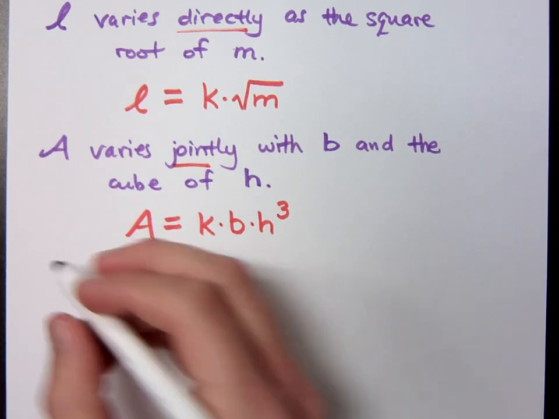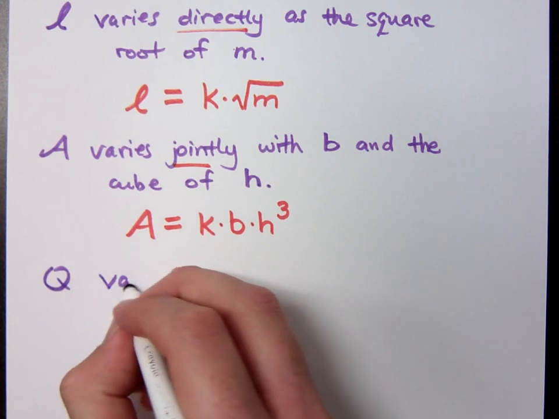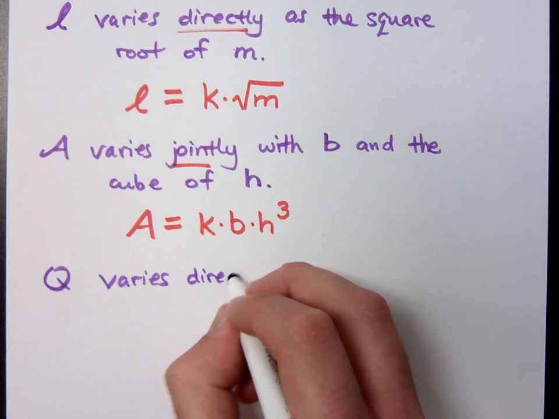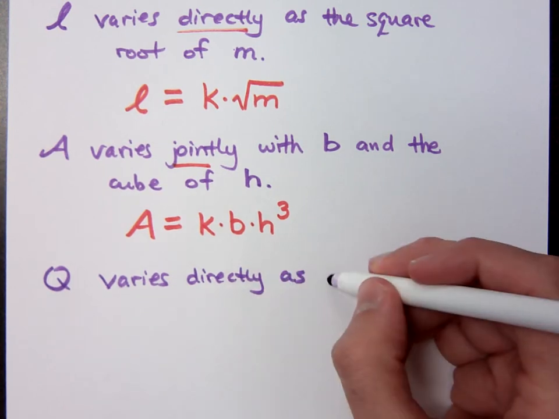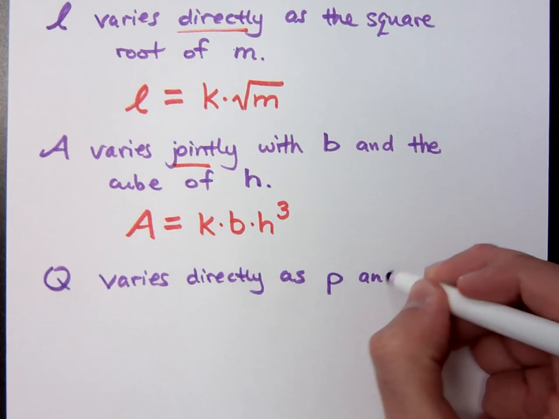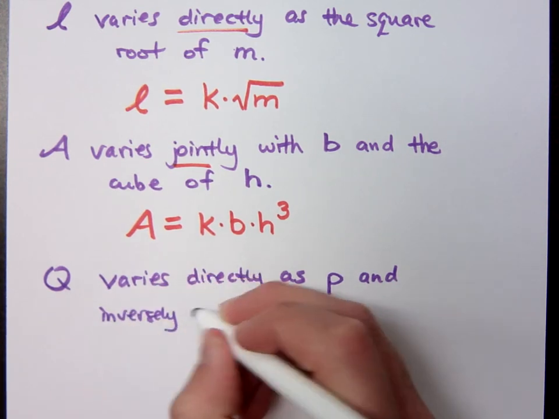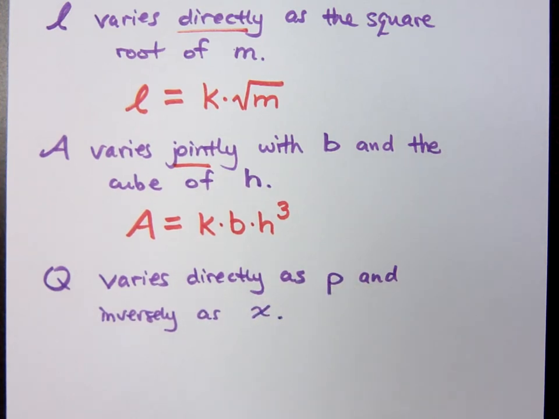Okay. And let's just do another one just for old time's sake. Q varies directly as P and inversely as X. Bless you.